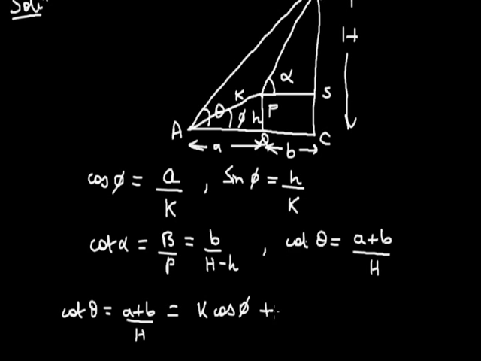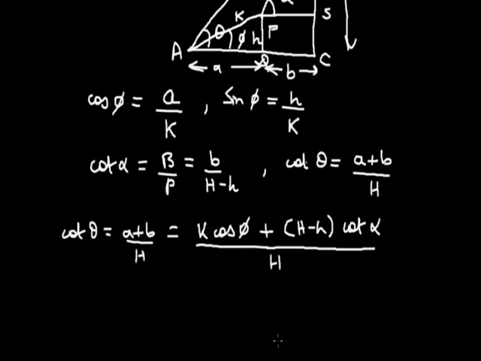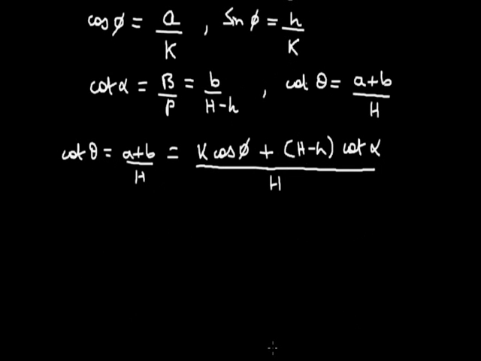Now b here, from cot alpha equal to b upon capital H minus small h, is capital H minus small h multiplied by cot alpha, and this whole thing is divided by capital H. So this we got after replacing the values of a and b from cos phi and cot alpha.